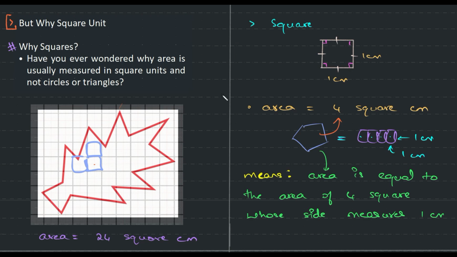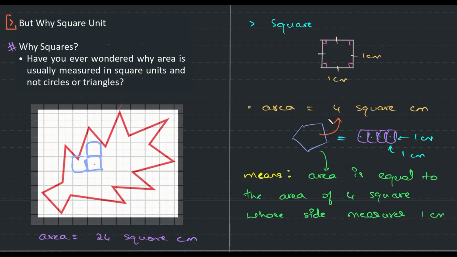So with that as the idea, we make use of square units. That is basically counting the number of squares that the particular shape can occupy. We did this exercise in the last set of videos wherein we measured irregular shapes, right? So that idea I have continued over here, and we concluded that it's best to use squares to measure areas.